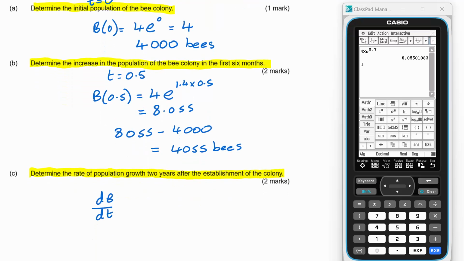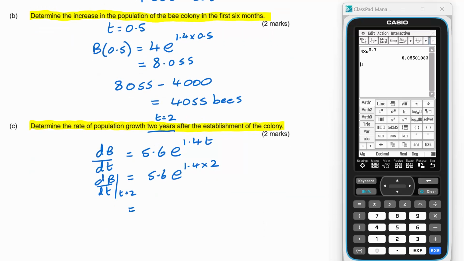So that is going to give me 5.6e^(1.4t). 2 years is t equals 2. So dB/dt when t equals 2 is going to be 5.6e^(1.4 times 2). And we can calculate that.